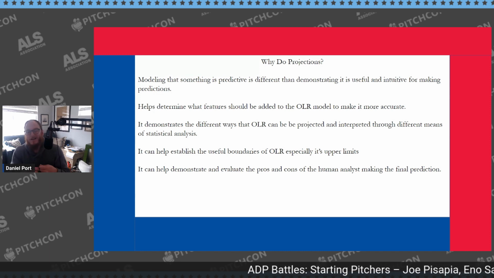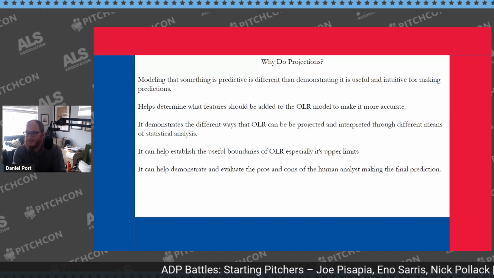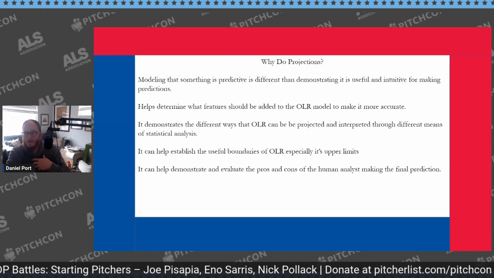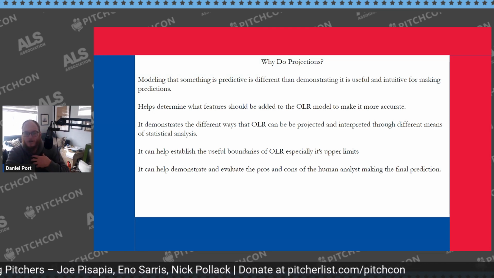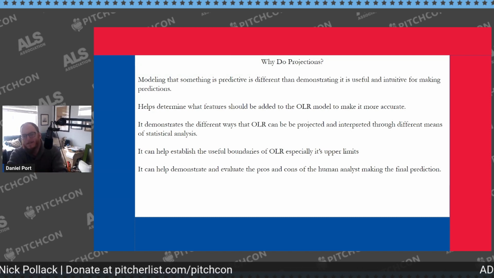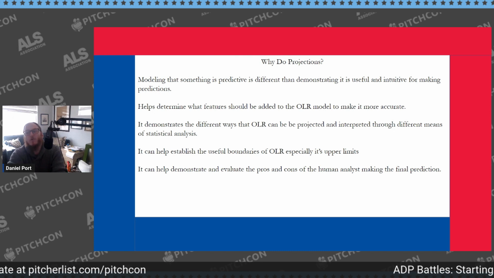As you'll see in a minute, you get a projection, but it's you who makes the decision. We do this all the time in fantasy baseball or anything else. We look at ATC or Streamer or any of those projection models, and we make the decision on what to do with that information. And this is the same thing.